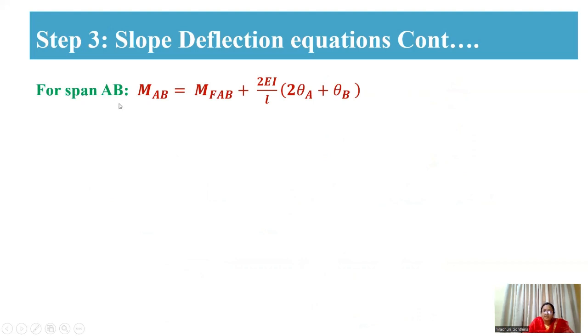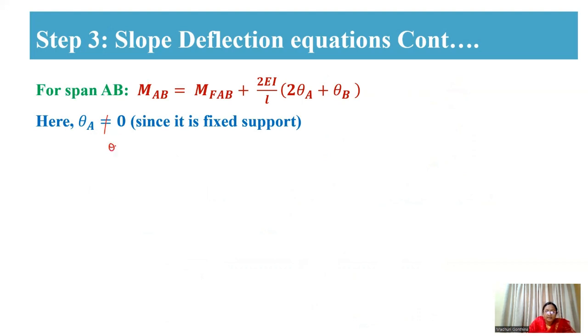Now coming to your AB span. Since AB is fixed, even though it is fixed, here theta A is not equal to 0. Theta A is given as 0.002 radian, so it has just been rotated.